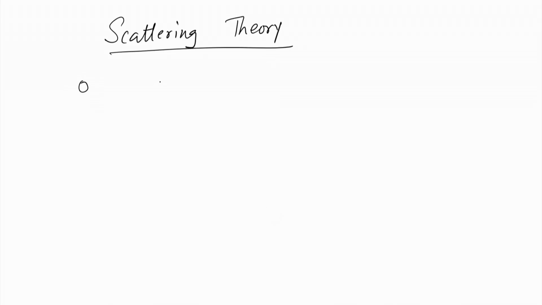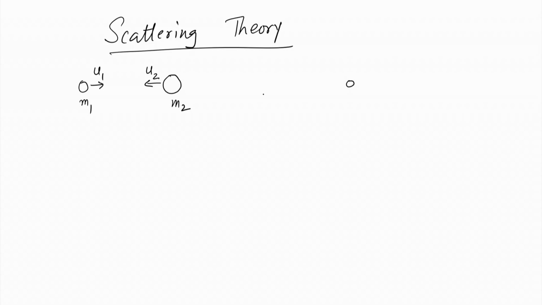So, it is about two particles, m1 and m2, with initial velocities u1 and u2, and they scatter.